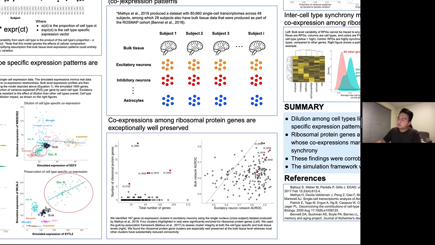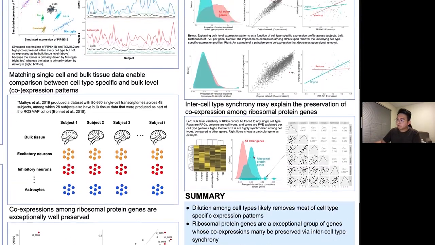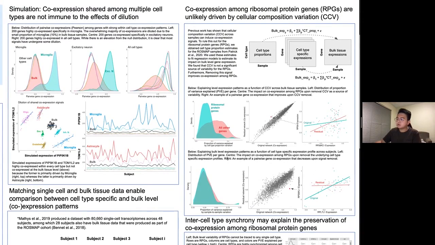However, you do have a preservation of clusters of genes that are particularly enriched for ribosomal protein genes. These are the highlighted clusters over here. The ribosomal protein genes appear to have preserved their co-expression somehow. We did a little bit of analysis to confirm that those signals are indeed coming from the underlying cell type specific expression patterns.